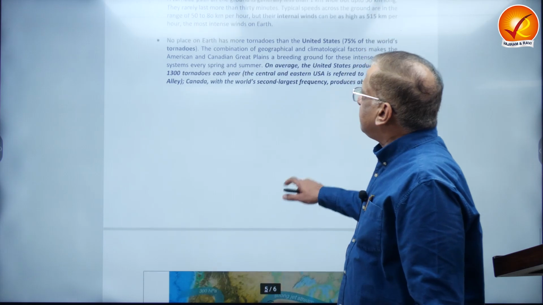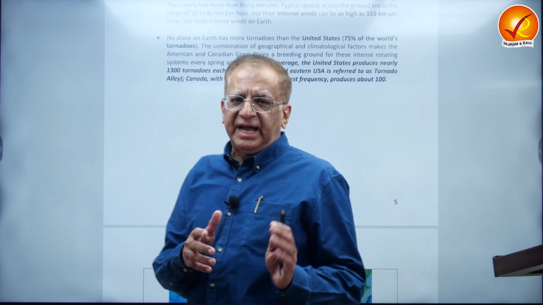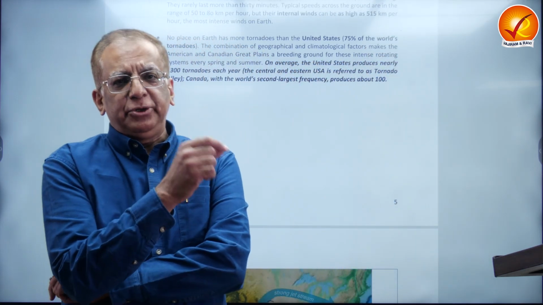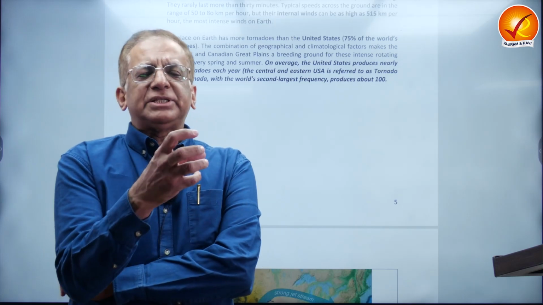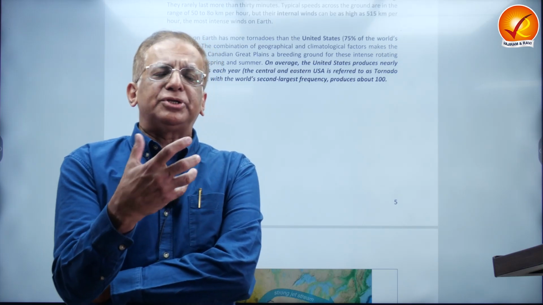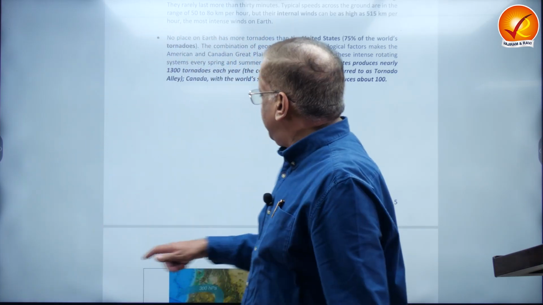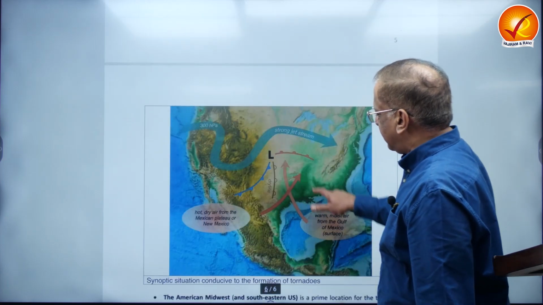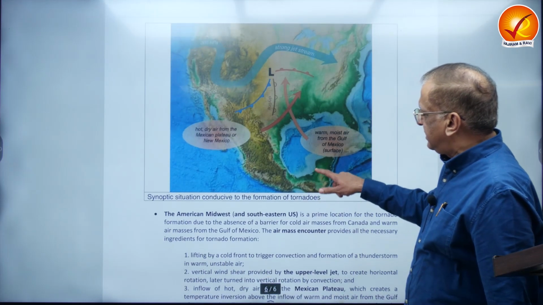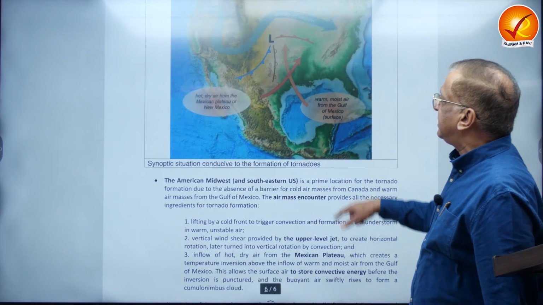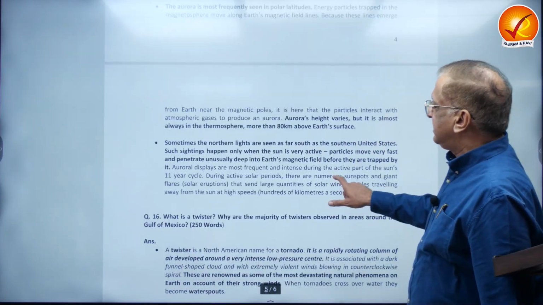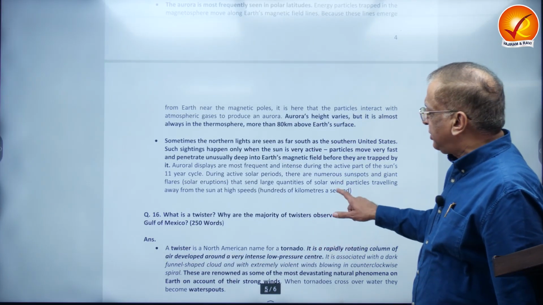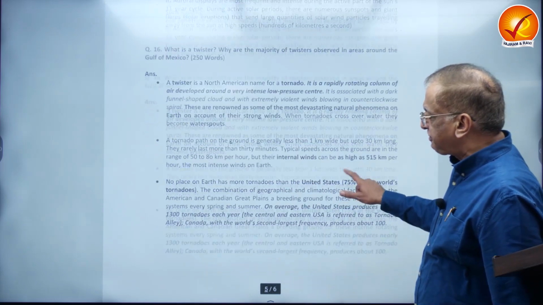And the reason for this high frequency of tornadoes in the US and Canada is a mix of geographical and climatological variables. Now coming to the area of the Gulf of Mexico, which is under question here in the second part, why is it that we have the majority of twisters there?